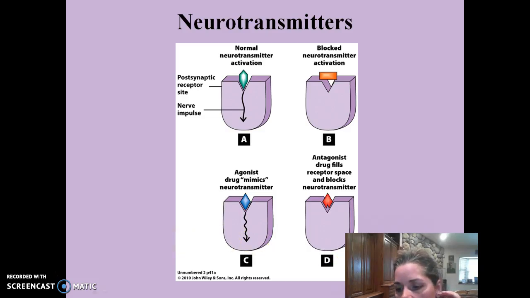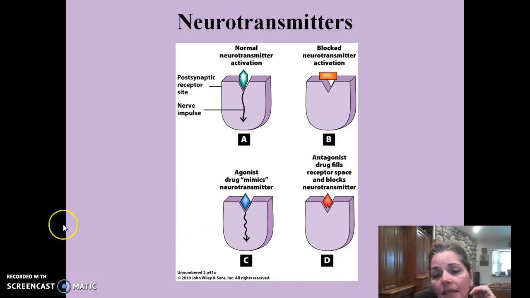And beyond our neurotransmitters, sometimes we're exposed to drugs. Neurotransmitters are going to excite and activate another action potential, or they're going to inhibit and keep another action potential from firing. And beyond neurotransmitters, sometimes we can ingest psychoactive drugs or other types of drugs that might serve as an agonist or antagonist.